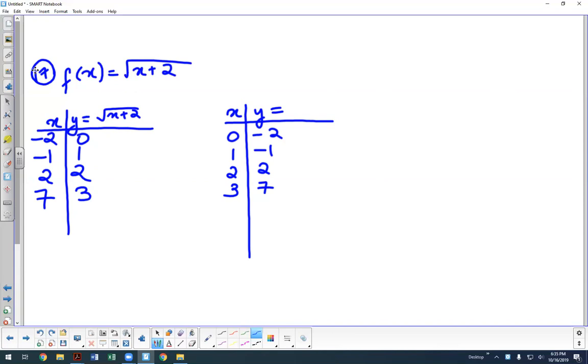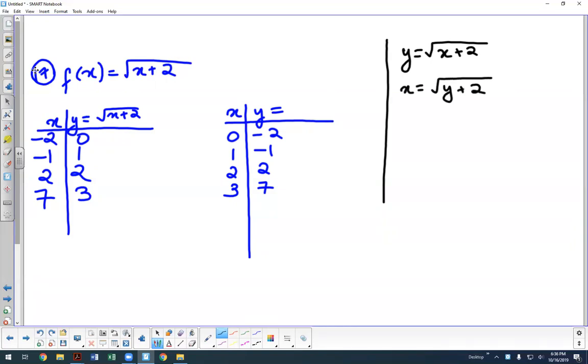Does anybody have an idea what the inverse function is for this guy? What do you think it should be? So remember, we switched the f of x, rewrite that as y. Then interchange your x and y variables. What should we do next? Square it. Yeah, square it.